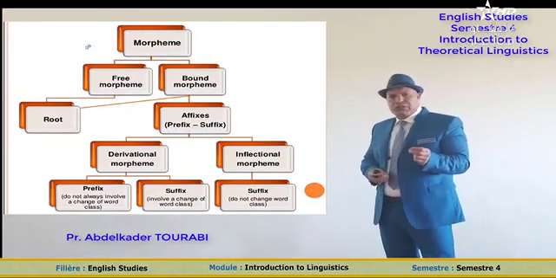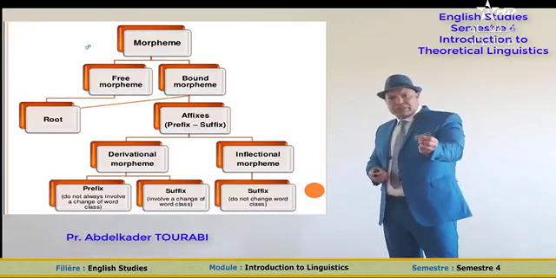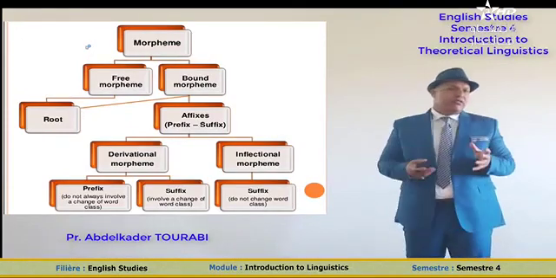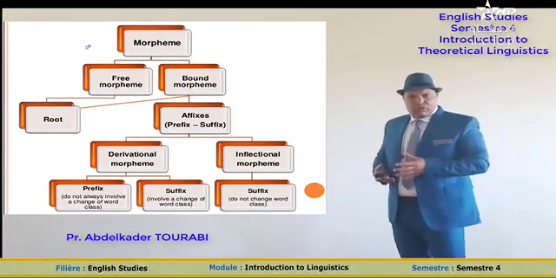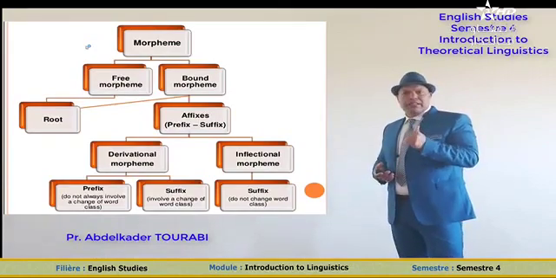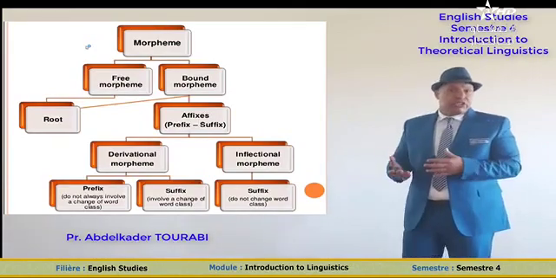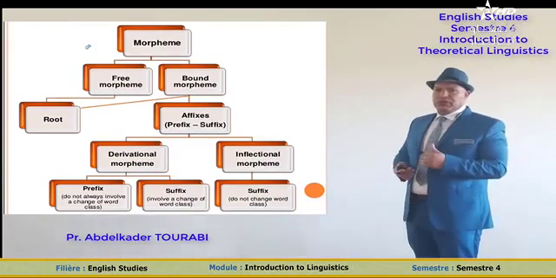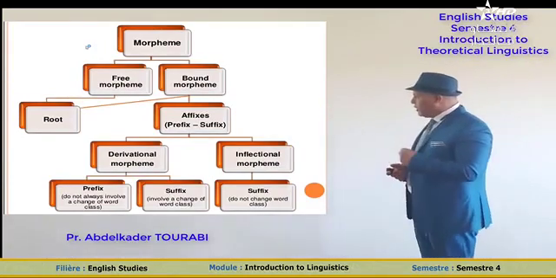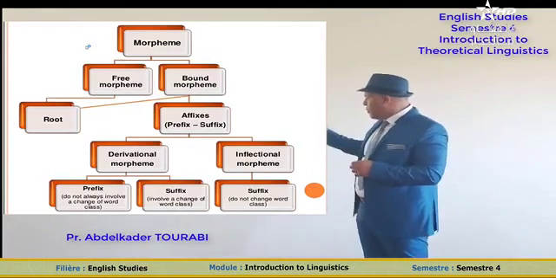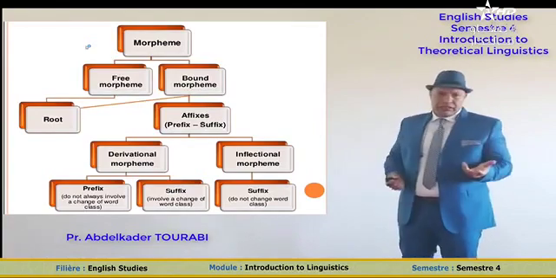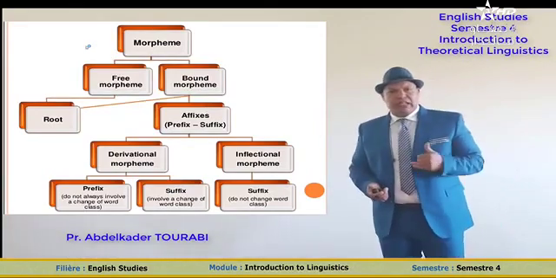In derivational morphemes, we have prefixes and suffixes. Prefixes don't always involve a change of the word class, while suffixes do. In inflectional morphology, we have suffixes, and they don't change the word class.